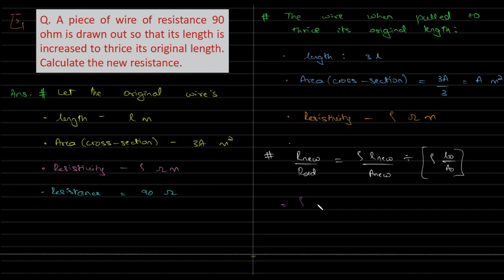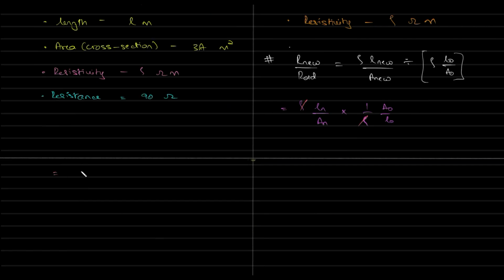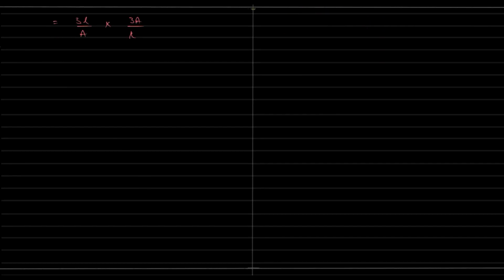So rearrange, L new by L old into A old by A new. So rho gets cancelled and we have L new is 3L, A new is A, A old is 3A, and this is L. And now it's just a matter of cancellation. So this is equal to 9. So R new is equal to 9 times of R old.